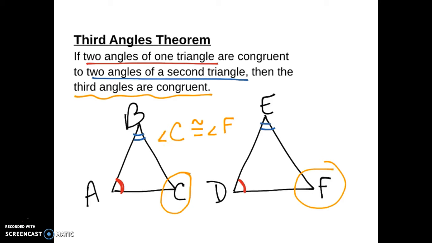Now how do I know that this is true and that it's true every time for every triangle? Well, if you remember over the last couple of days, we've been talking about how any triangle you have, all of its angles have to add up to 180.